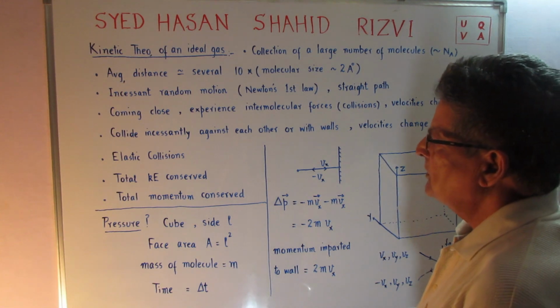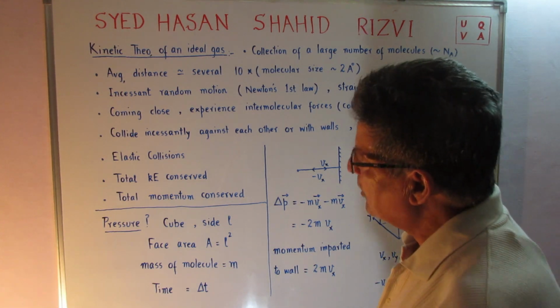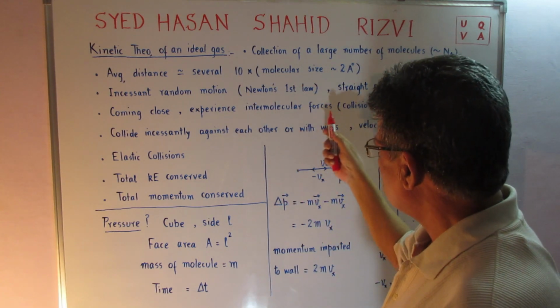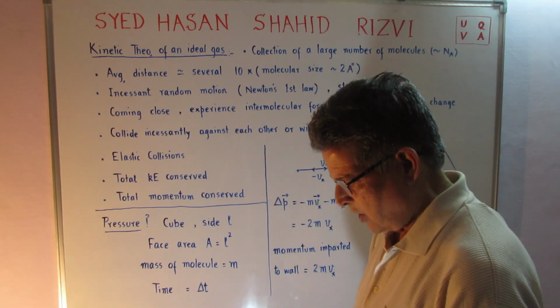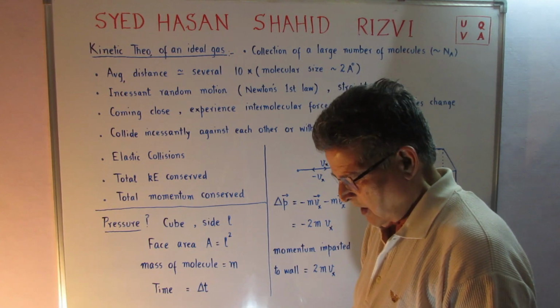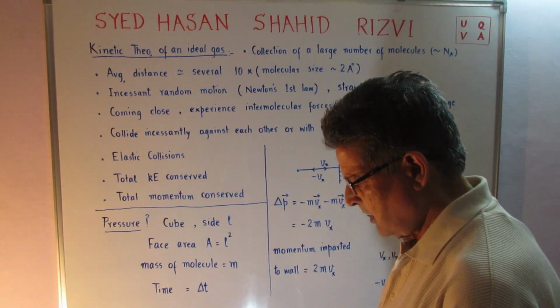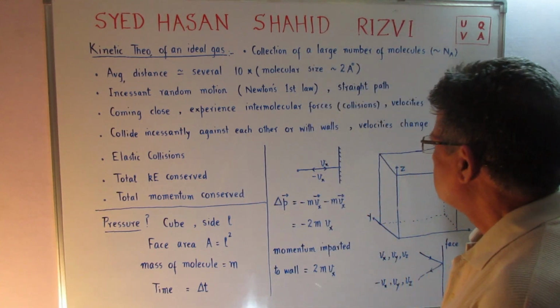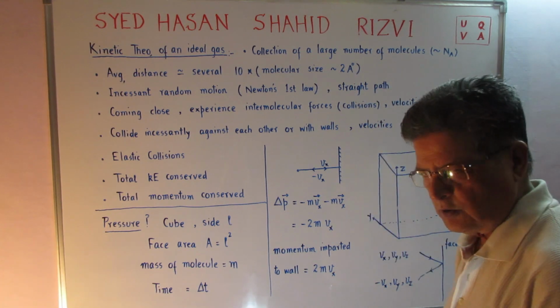When the molecules come close, they experience intermolecular forces which are repelling in nature. Earlier, in the days when I was a student like you, I was told that there are collisions between molecules.